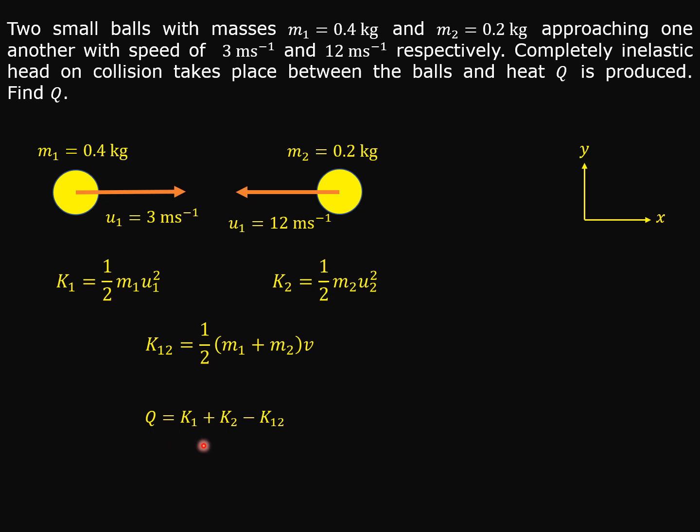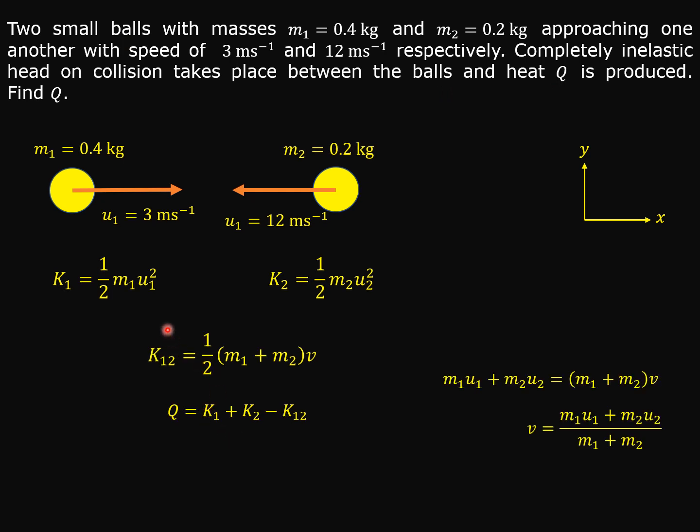K1 plus K2 is the total kinetic energy before the collision, and K12 is the total kinetic energy after the collision. The difference between these two indicates a kinetic energy loss due to the inelastic collision. This kinetic energy loss is transformed into heat, denoted by Q. So our aim is to find the heat Q.